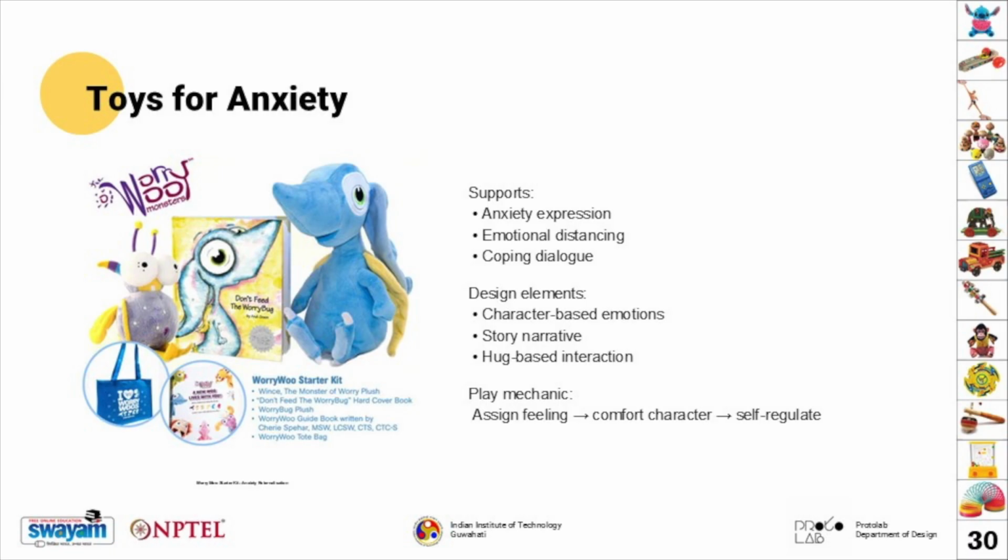The child comforts the toy but psychologically comforts themselves. The narrative format allows rehearsal of coping strategies. Through storytelling, the child learns emotional processing without direct confrontation. The toy, therefore, transforms internal anxiety into relational play.